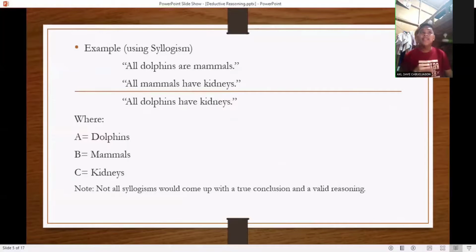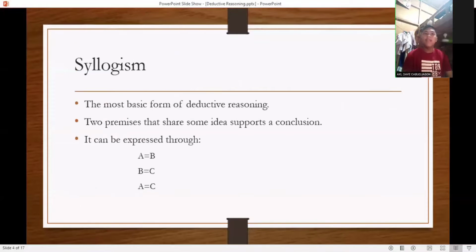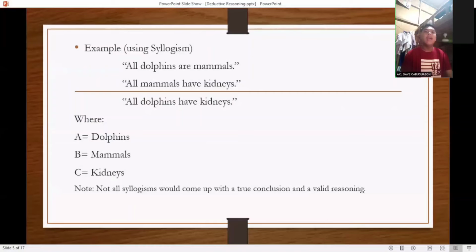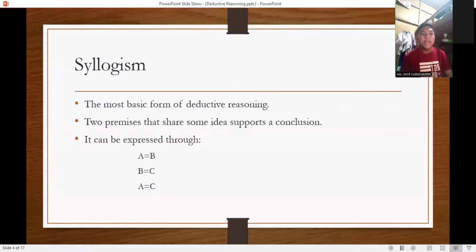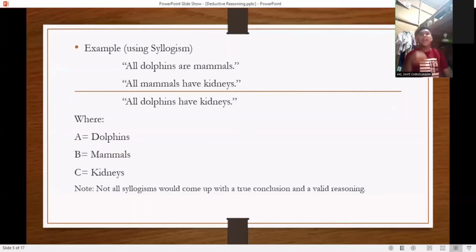By the use of syllogism, we can say that A is equal to the dolphins, B is equal to the mammals, and C is equal to the kidneys. Following the syllogism pattern, A is equal to B, B is equal to C, then A is equal to C. We can say that all dolphins are mammals, which is A is equal to B, and all mammals have kidneys, which is B is equal to C. Then we can conclude that all dolphins have kidneys.